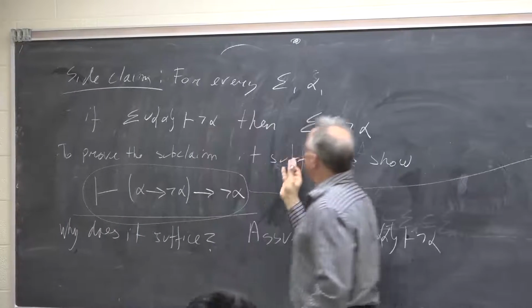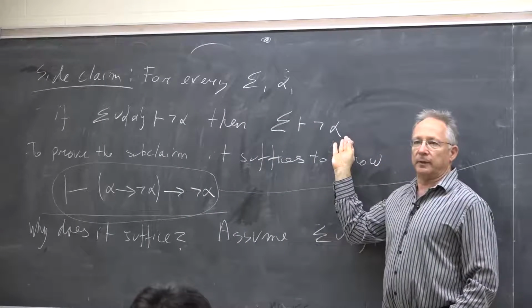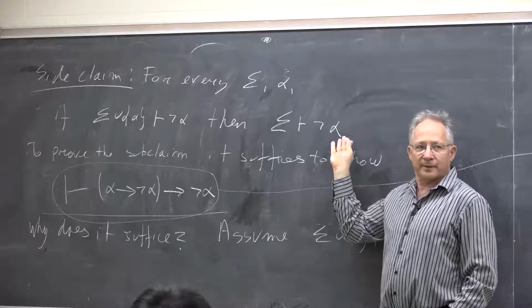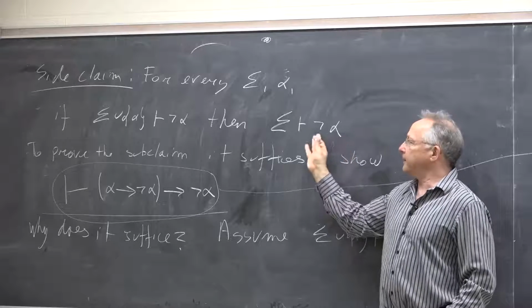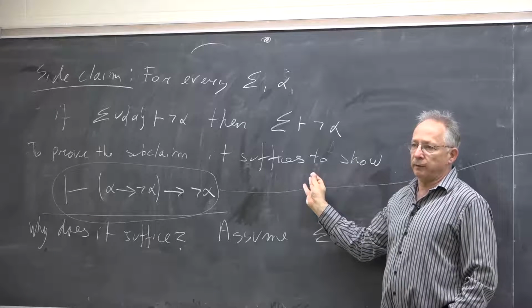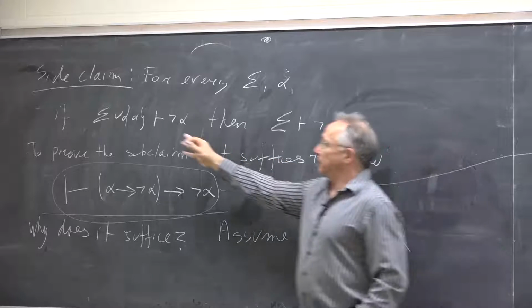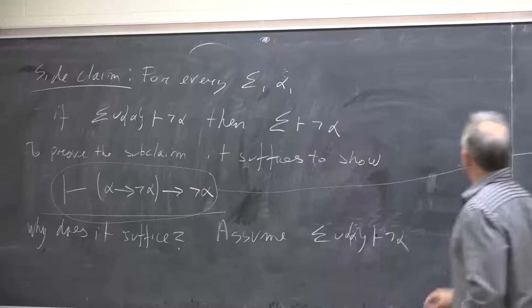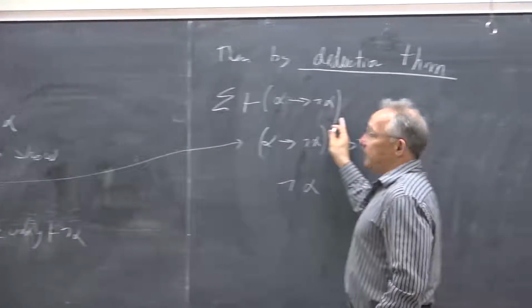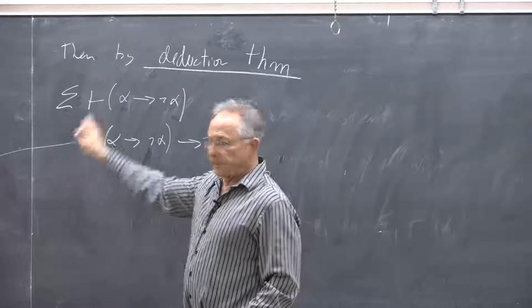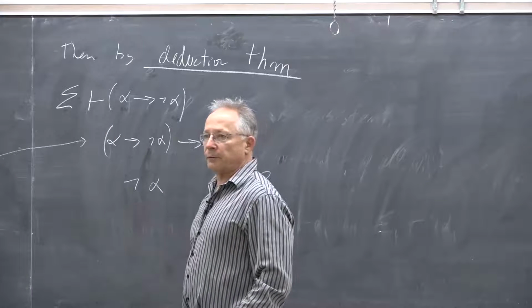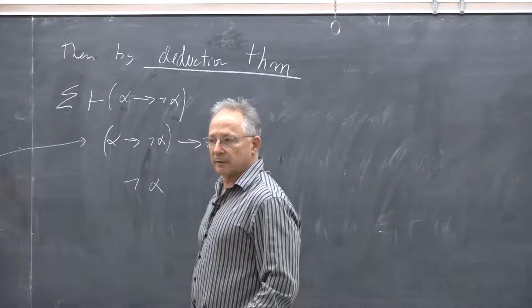You could have proved not alpha without this help. Because this help is going in the wrong direction. It cannot be useful. That's the intuition behind this claim. The formality is that from here you use the deduction theorem to say in that case you will have this. And then you will use this formal statement there to get a proof of not alpha by modus ponens.